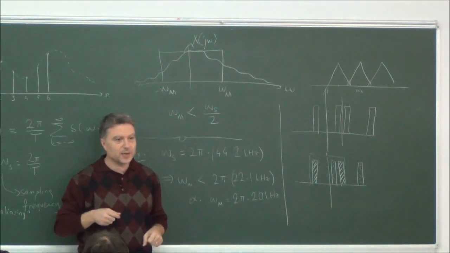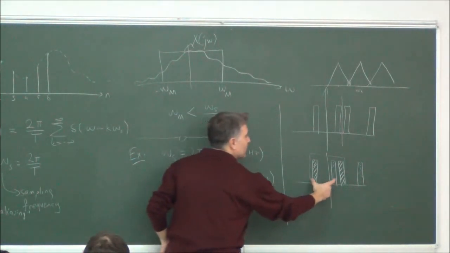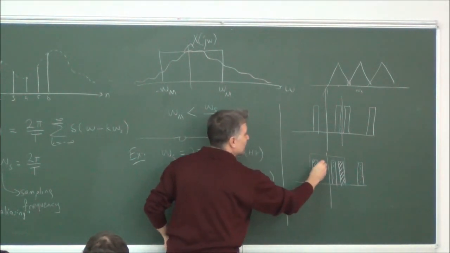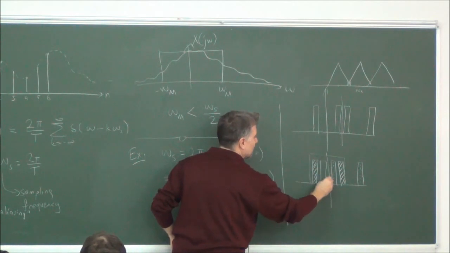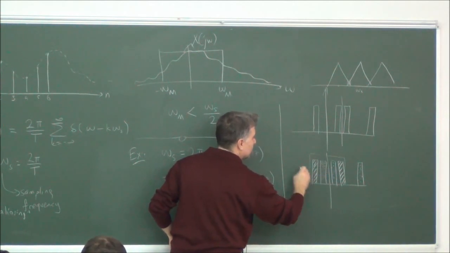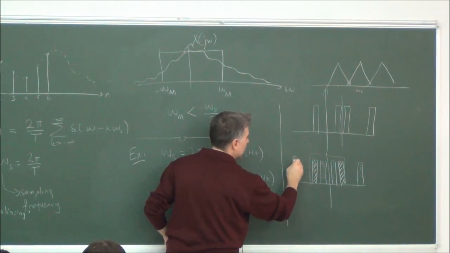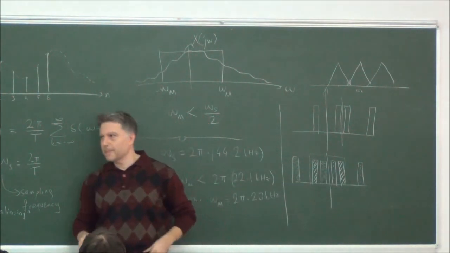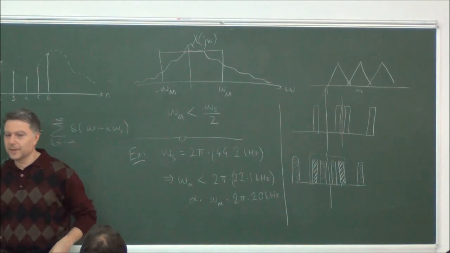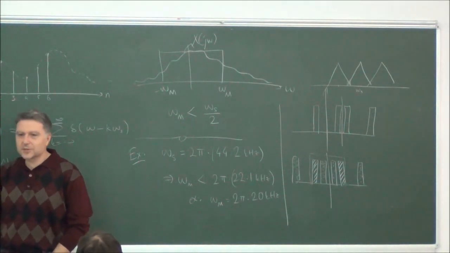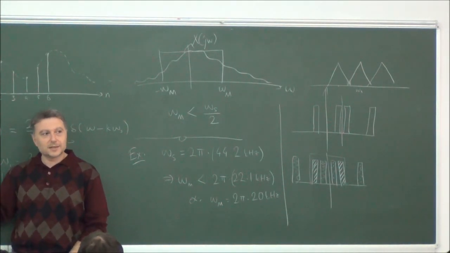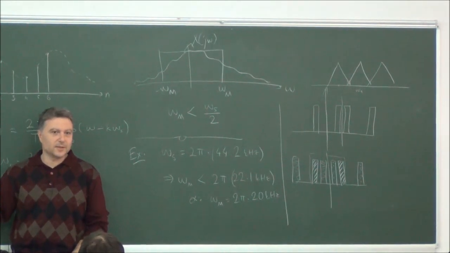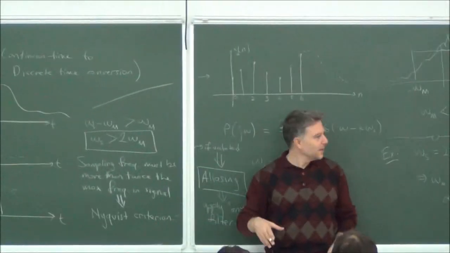And it is possible to isolate it, because if it goes to the right like this, then it also goes to the left like this. And as you see, they didn't hide each other. They are still isolated. So there are cases where the Nyquist criterion is not necessarily correct for non-aliased sampling.